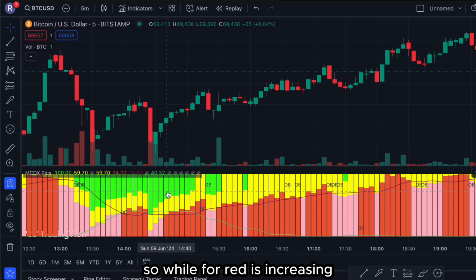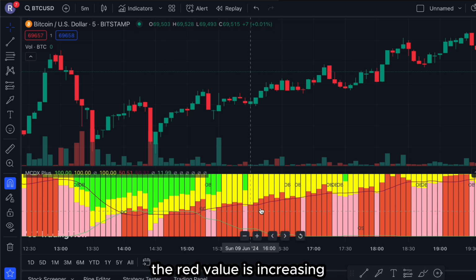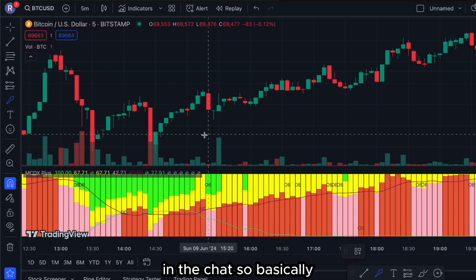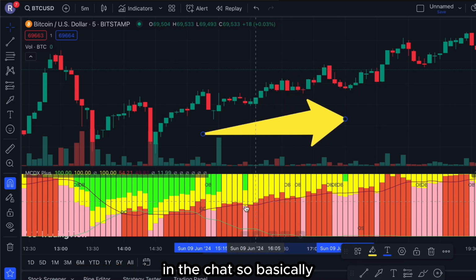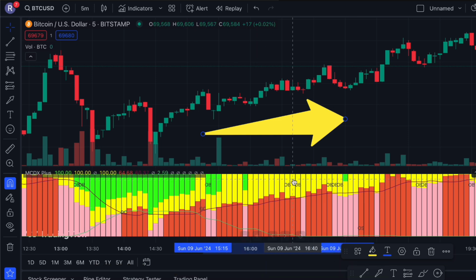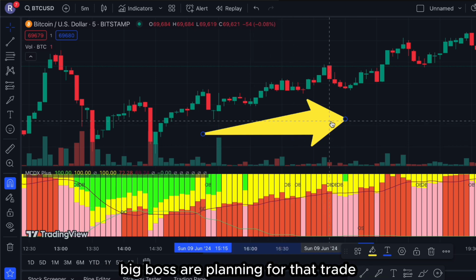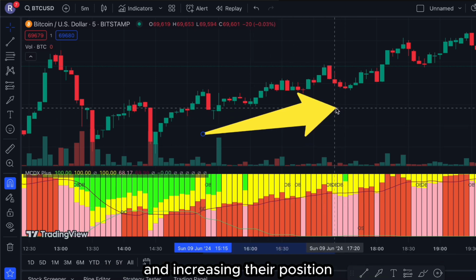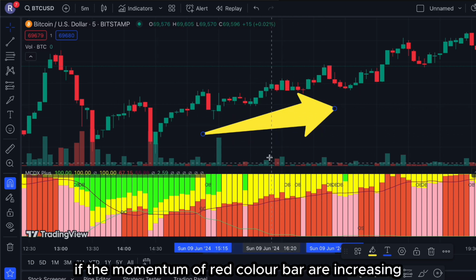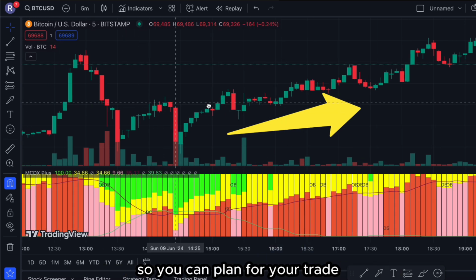While when red is increasing, it means the momentum will be strong in the chart. Red means the banker and institute big boss are planning their trade and increasing their position. So basically you can see the chart will be an increasing chart if the momentum of the red color bar is increasing. So you can plan for your trade.